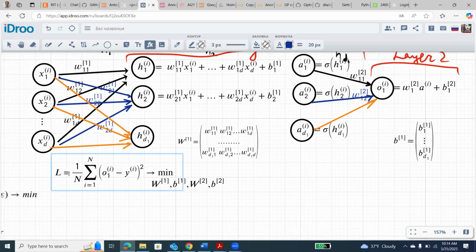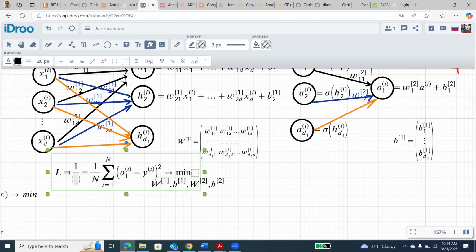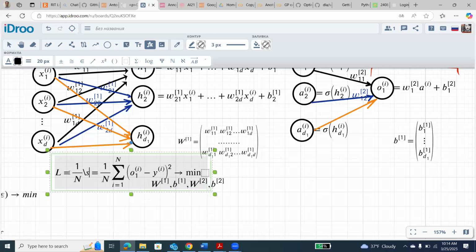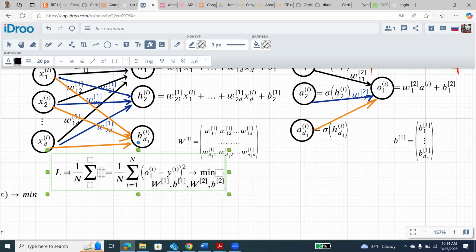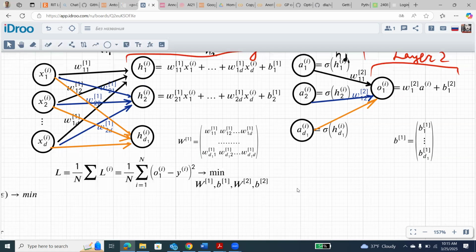And to make our life a little bit easier, let's denote the individual difference by L with superscript i, because we will calculate the derivative of just one square difference, and then we will just take the sum over all possible points xi.